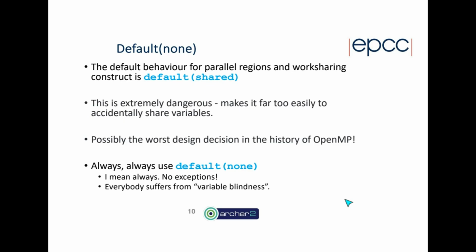So you can use default none as a pretty reliable way of making sure you haven't missed anything, and there isn't something that is going to get accidentally shared, something that maybe should be a private variable or should be a reduction, and you end up with a race.